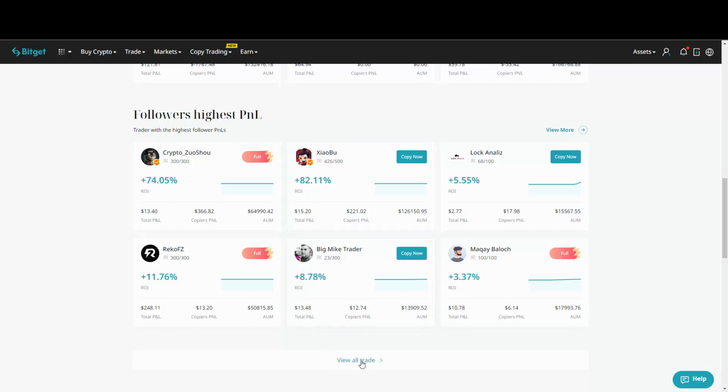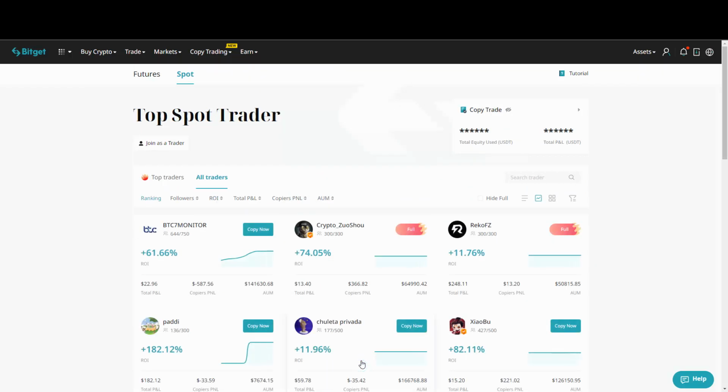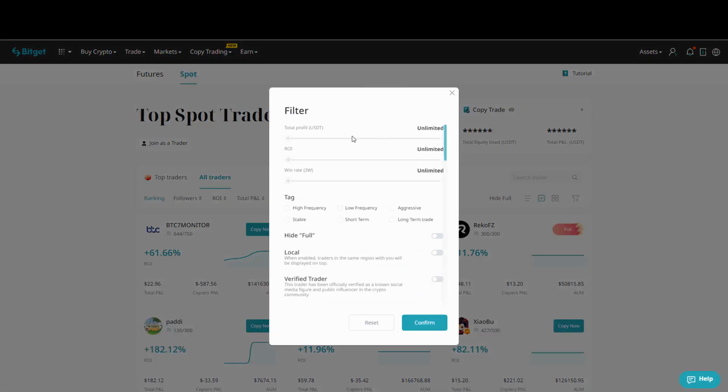But if we click here where it says view all traders, you are going to see that we have more options, and we can also filter this by follower, return on investment, the total profit and losses, the copiers, and all this stuff. Or you can also go here and filter, like, I want a certain amount of profit, return of investment, the win rate in the past 3 weeks.